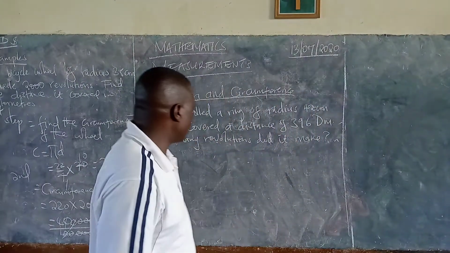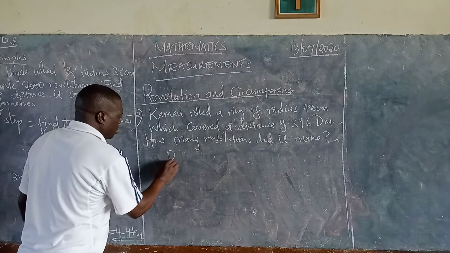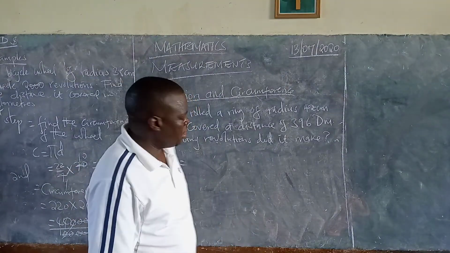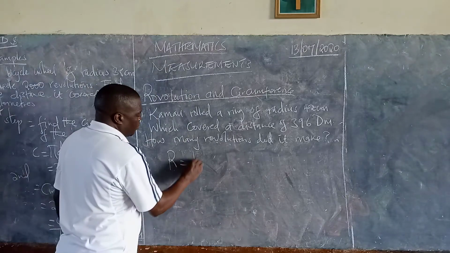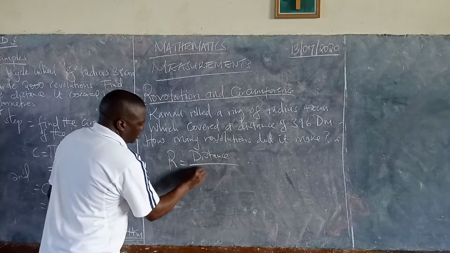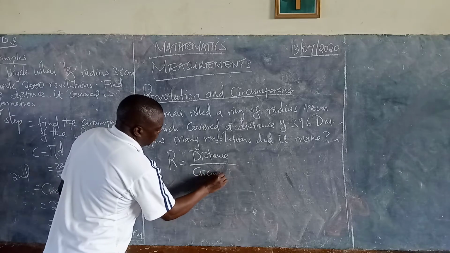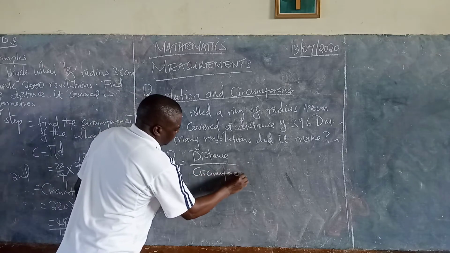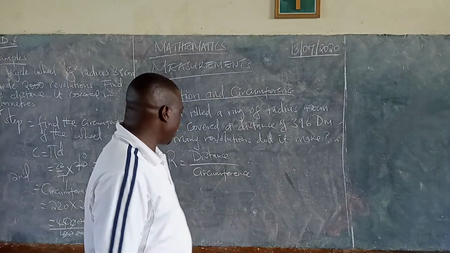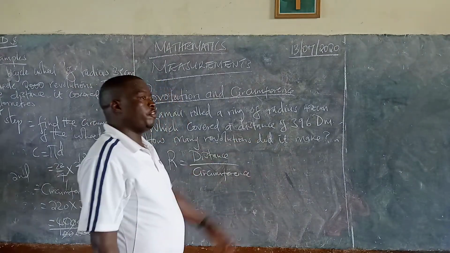Revolutions are the distance divided by the circumference. So we have the distance, and we are going to divide by the circumference. First of all, we need to find the circumference.